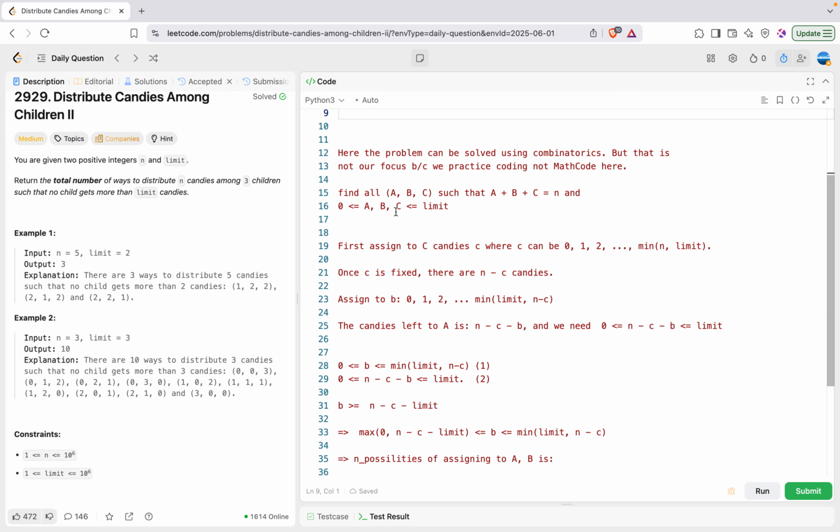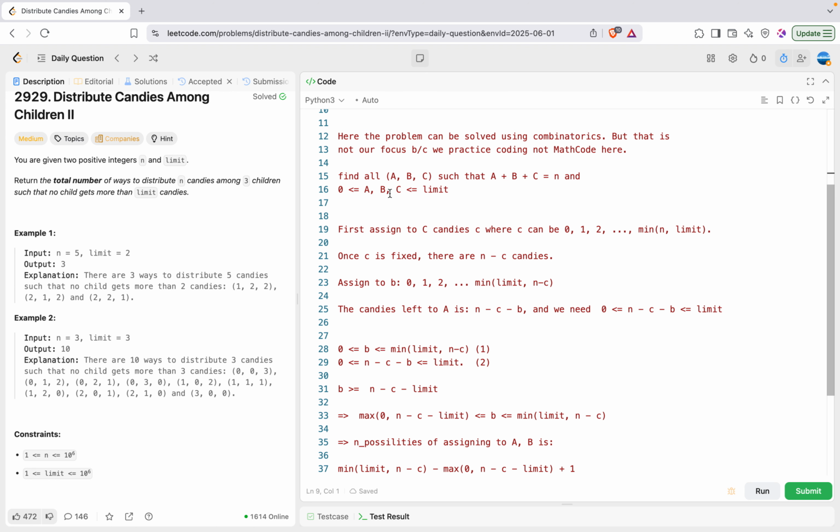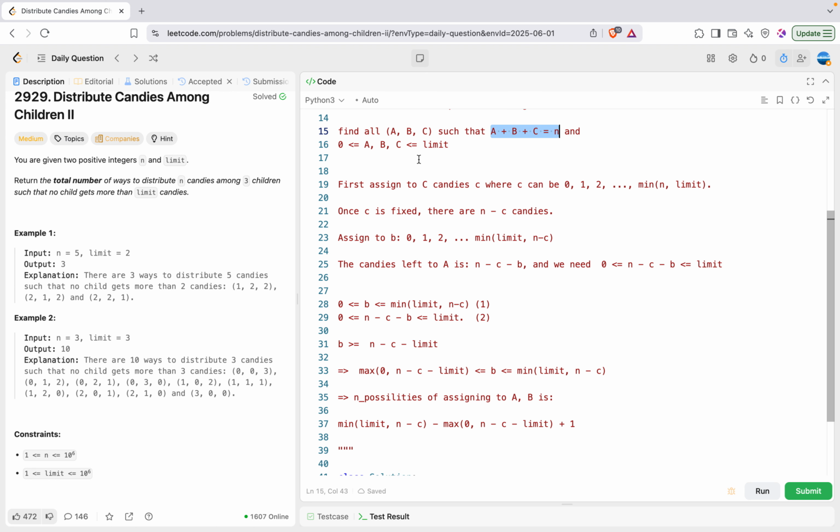Next we want to solve it using inequality. The question is that we want to find all the ABC tuples such that their sum equals n, and each of them is between 0 and limit. Because there are 3 variables, we can first fix one. We first assign to child C some candies.